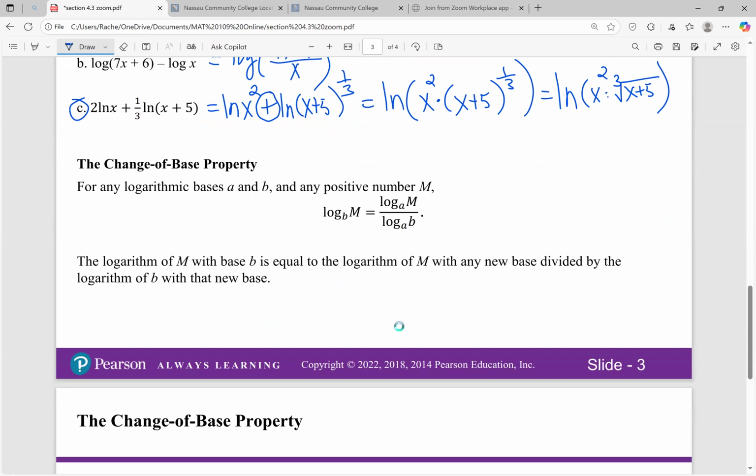So for any logarithmic bases a and b, and any positive number m, log base b of m is equal to log base a of m divided by log base a of b. What does that mean? Look, we'll do an example.